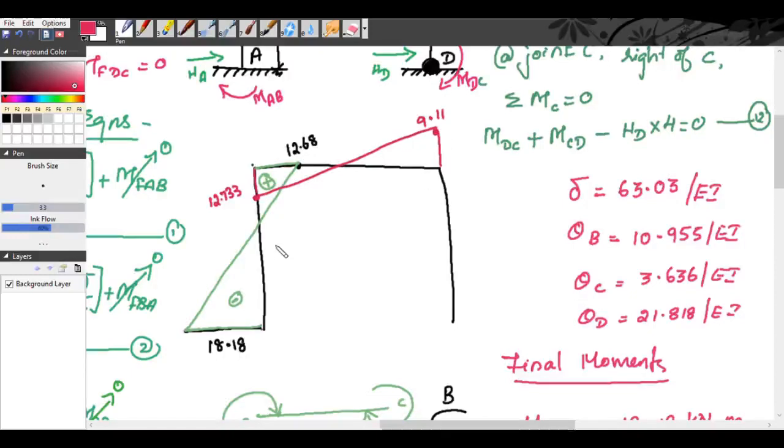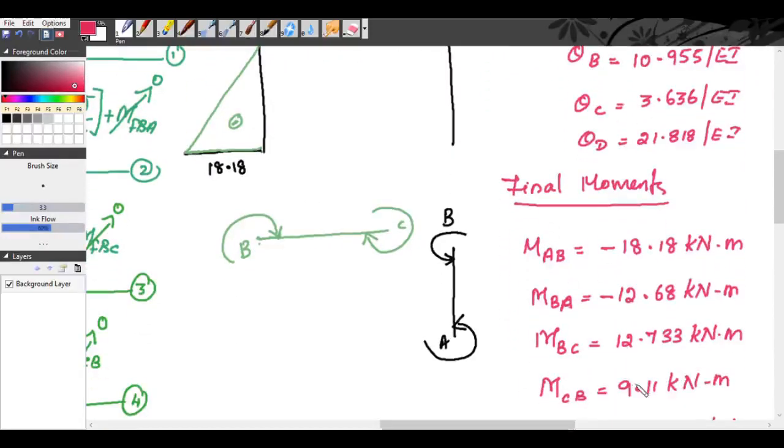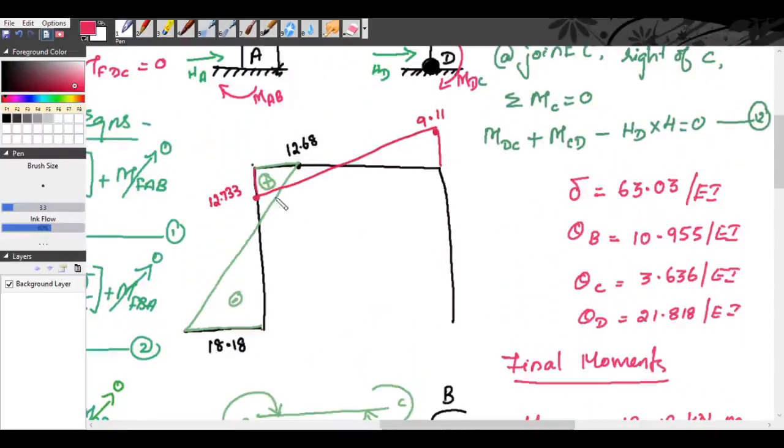Okay. See, that means positive, positive, clockwise, clockwise, right? So here when it is left clockwise is positive. Clockwise is positive.